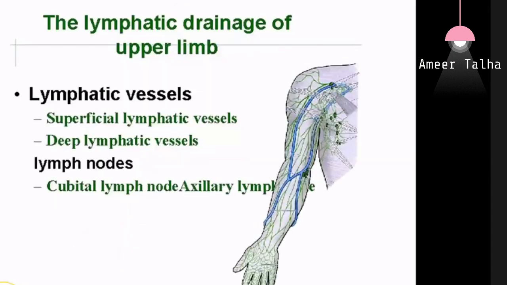If we talk about the superficial lymphatics, again we would divide the upper limb into a lateral half and a medial half. So it is similar to the superficial venous drainage. From the lateral half of the upper limb, the lymphatic vessels ascend along the lateral side until they reach the shoulder region, to the supraclavicular group of lymph nodes.